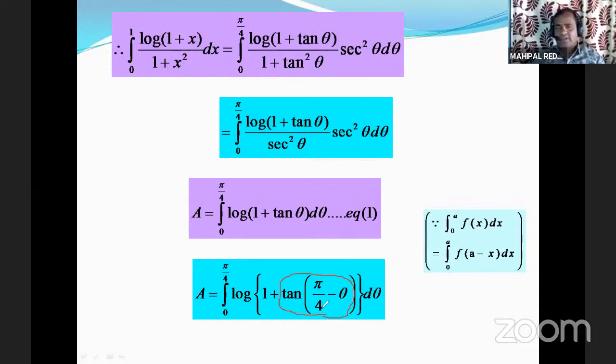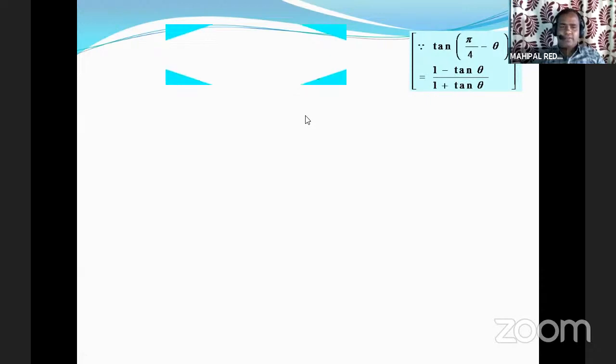This is a problem from the first year 1A trigonometric ratios up to transformation, which we solved in the previous class. That means tan of pi by 4 minus theta equals 1 minus tan theta by 1 plus tan theta.